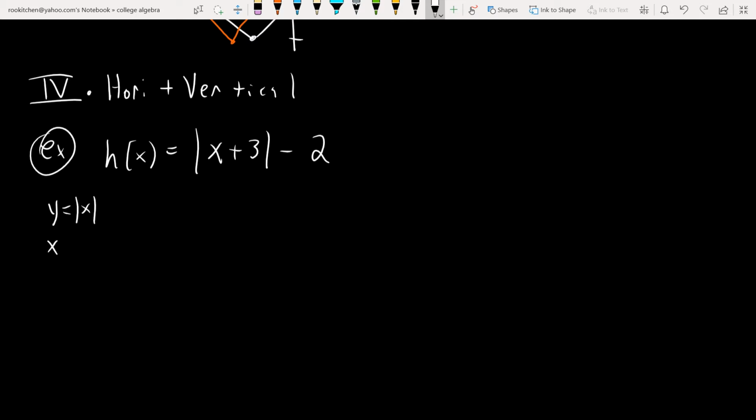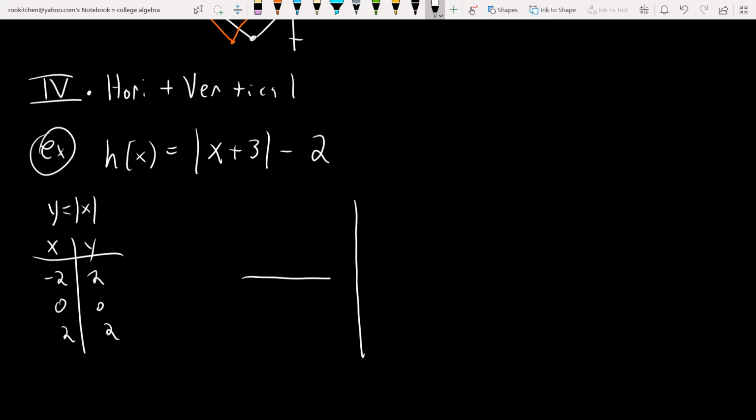If you need to, you can graph some points to help you out. It's not necessary, but let's take a look at the original. So -1, 1; 0, 0; 1, 1; 2, 2.